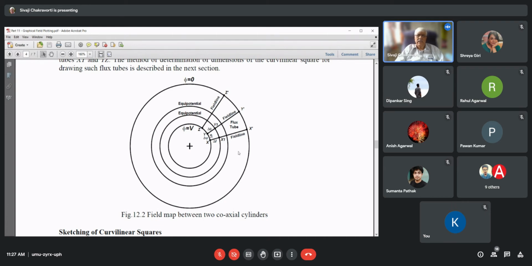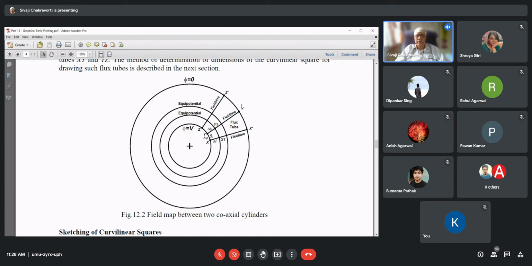Or in other words, all the flux lines that originate between X and Y will terminate on the earth electrode between X prime and Y prime.